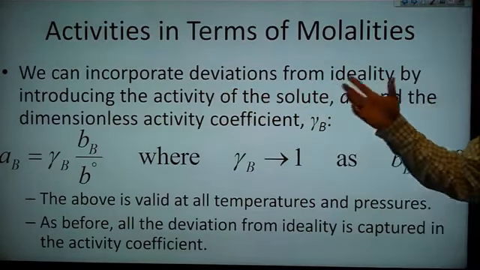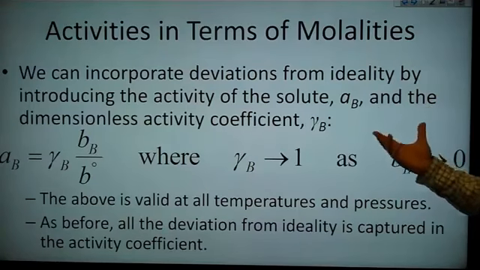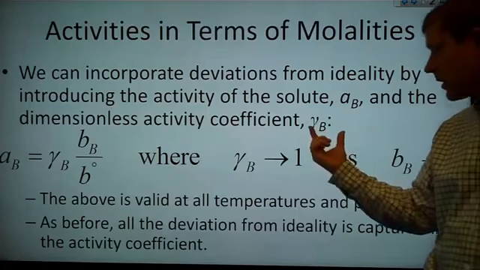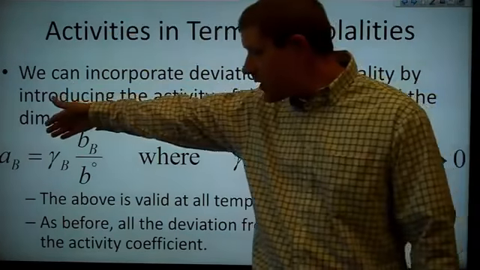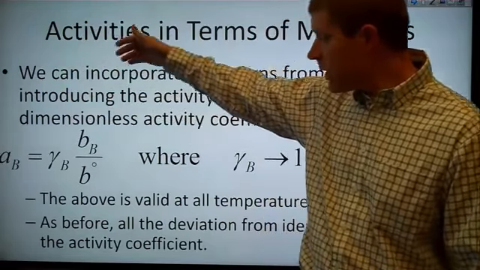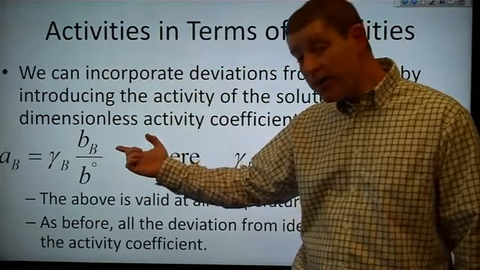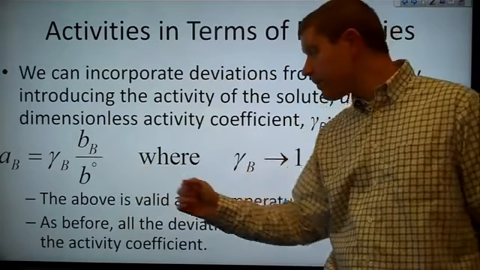And so we can incorporate deviations from ideality by introducing the activity of our solute, a B, and the dimensionless activity coefficient, gamma B. And so now the activity of B is equal to gamma B, our activity coefficient, times the molality of B divided by the standard molality of B, 1 mol per kilogram.